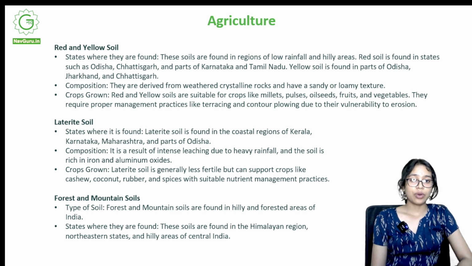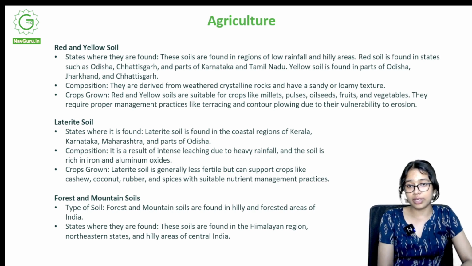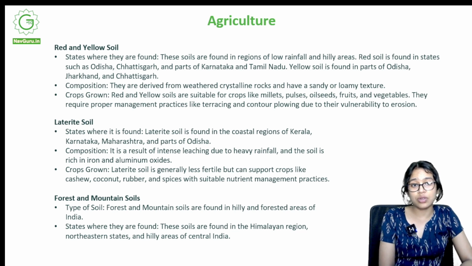Crops grown in red and yellow soils include millets, pulses, oilseeds, fruits and vegetables. They require proper management practices like terracing and contour plowing due to their vulnerability to erosion.